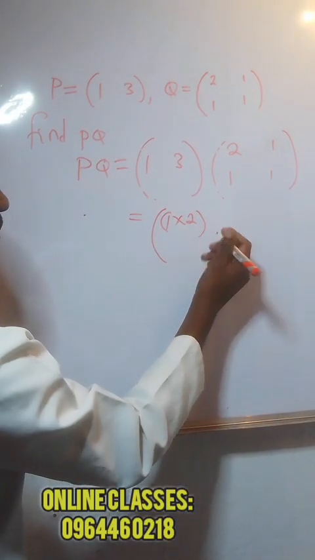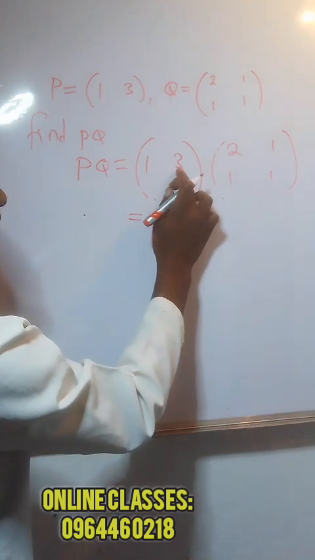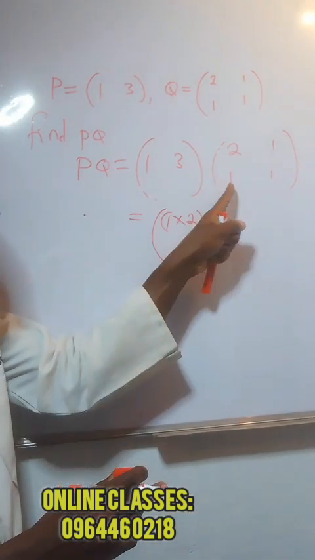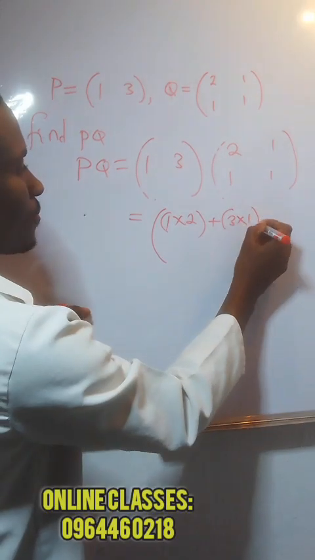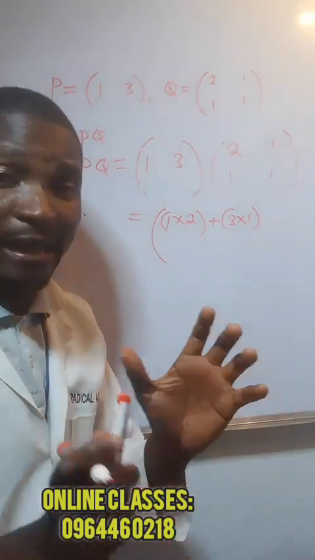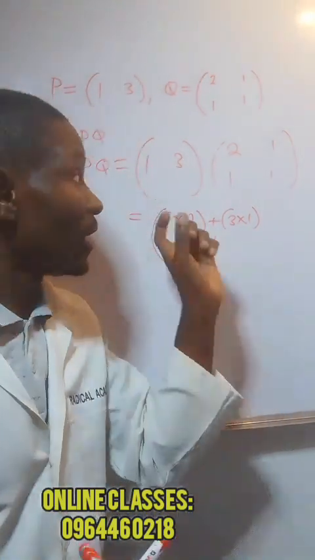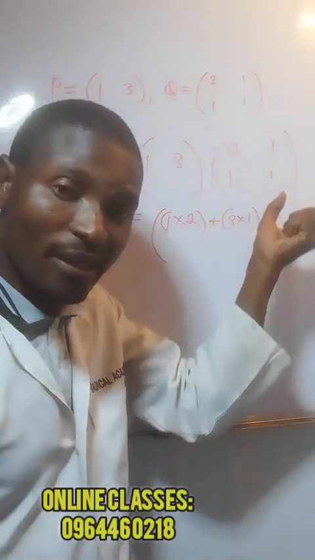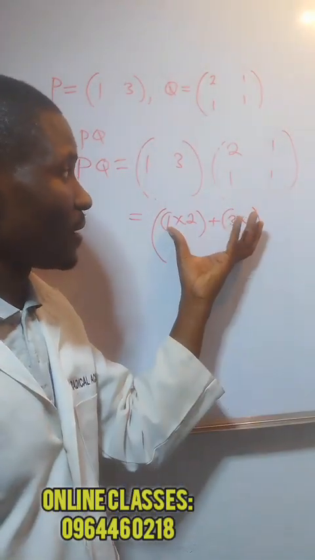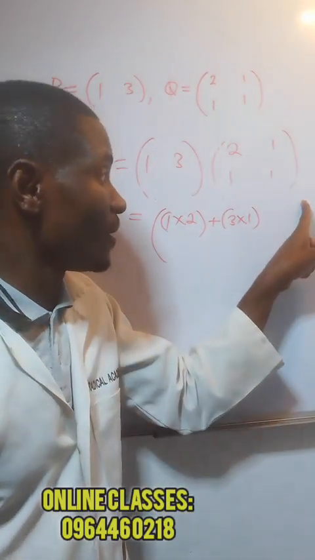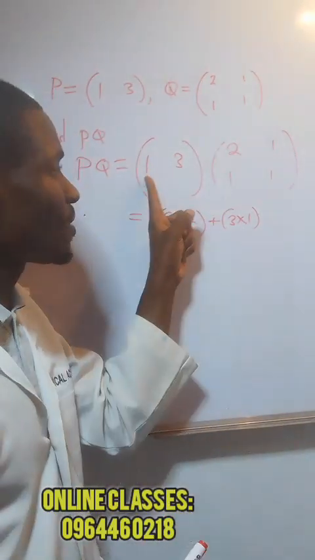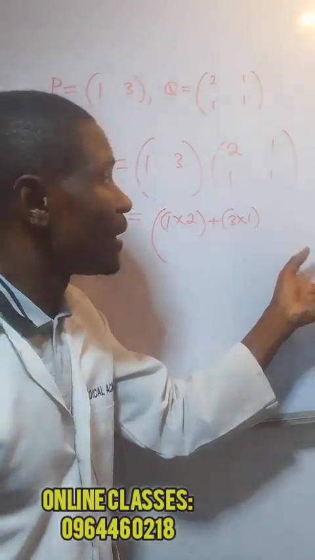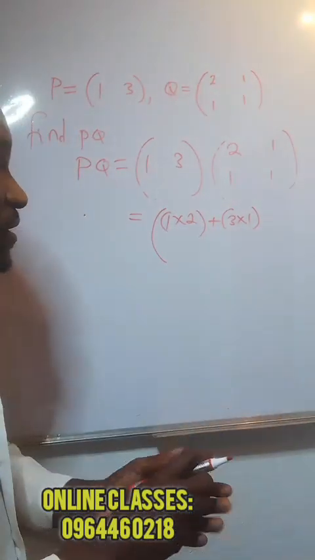I leave a space, plus this 3 times 1. Now that is the multiplication of this row into the column, and this is what I get. Now I have another column, and this row is going to pass through the other column just the same way we did this.